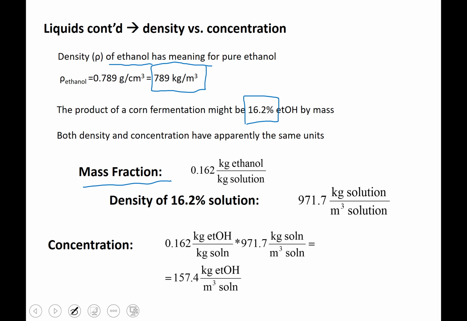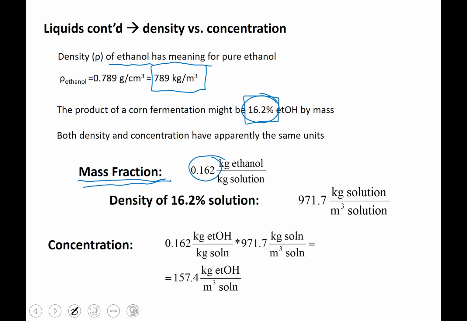If we divide the percent by 100, then we will get the mass fraction. The mass fractions in a solution should add up to 1. So if we know the mass fraction of one component, the mass fraction of the other component, if there's only two components, would be 1 minus the mass fraction of the one component.